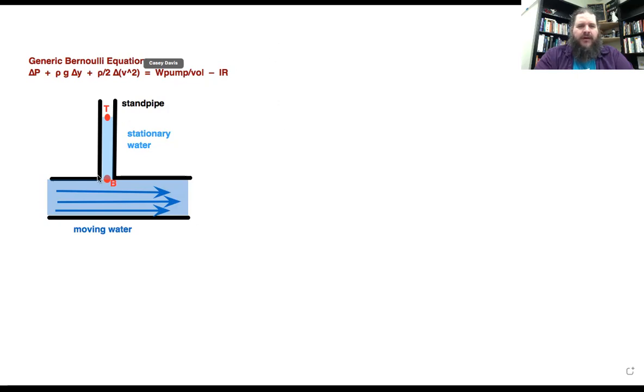So if we're talking about just that path from top to bottom, what's changing from top to bottom? The potential energy. Yeah, we're definitely going to have a potential energy density term, rho g delta y.